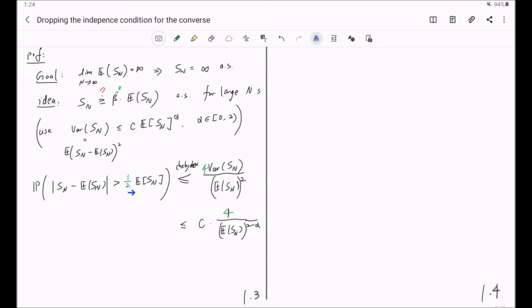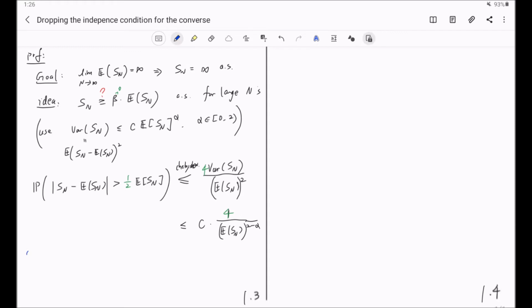Actually, this 1/2 will give you some room when you break down this absolute value. So you will see later how we get this eventually. Let's first see where this inequality will lead us to.